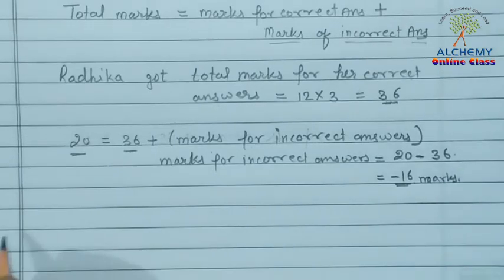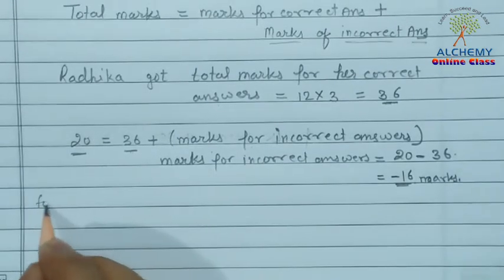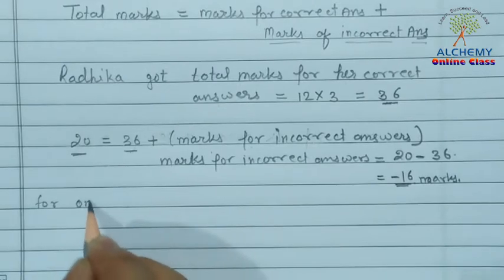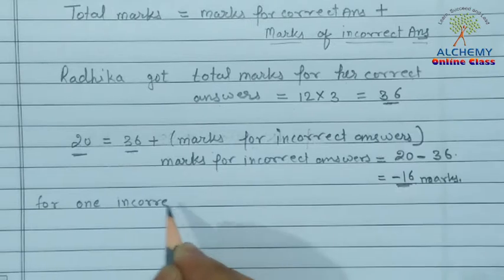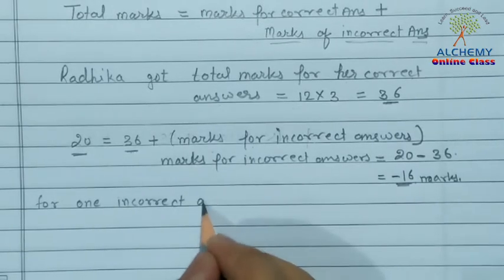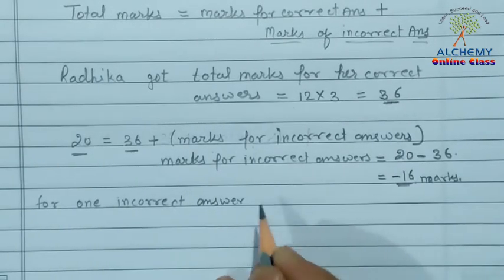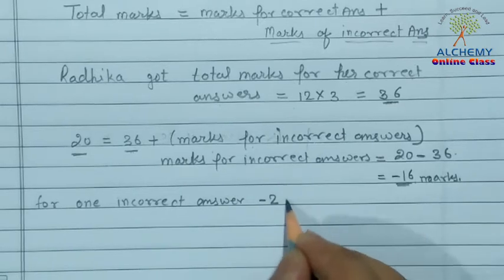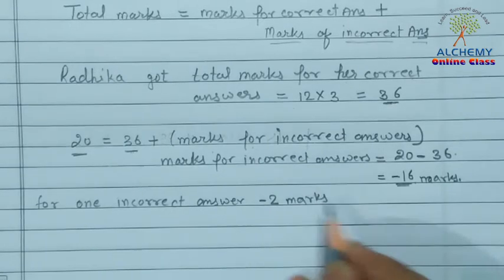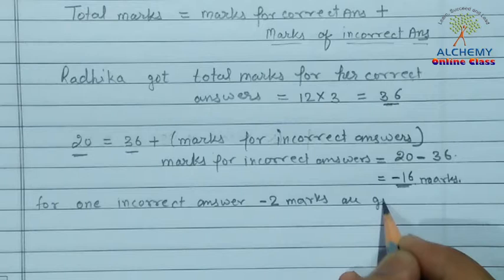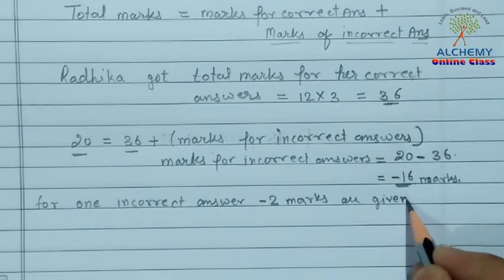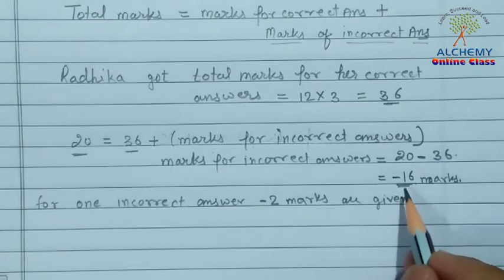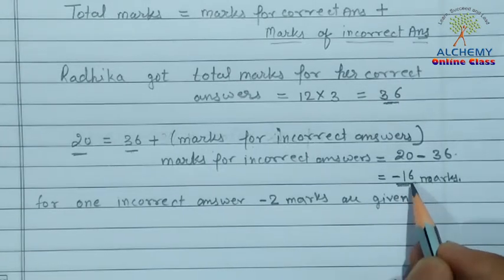Okay, so it is given there for one incorrect answer, minus 2 marks are given. Okay, so for how many questions will she get minus 16 marks?